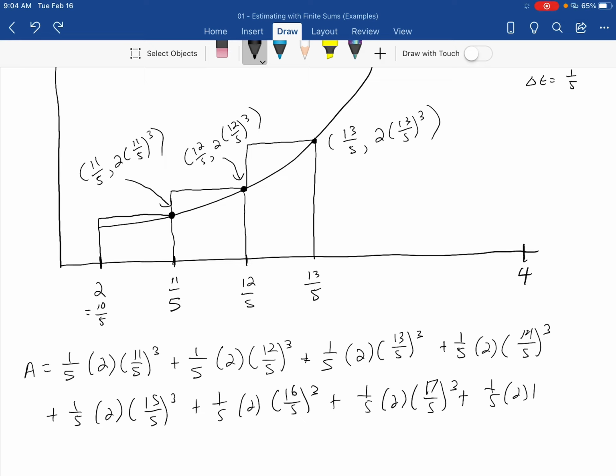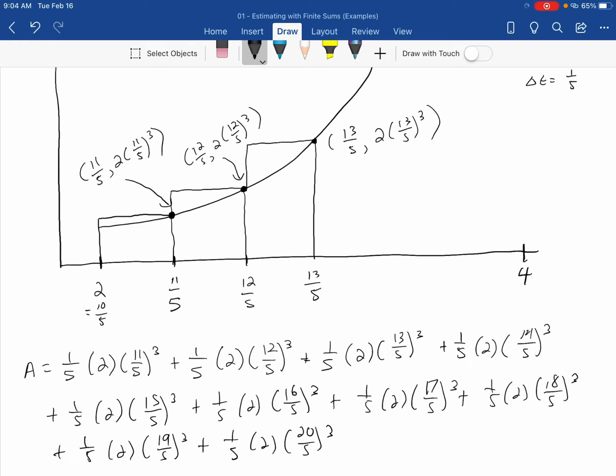Funny how that can happen. I actually said times and wrote add, weird. 18/5 cubed plus 1/5 times 2 times 19/5 cubed and 1/5 times 2 times 20/5 cubed.